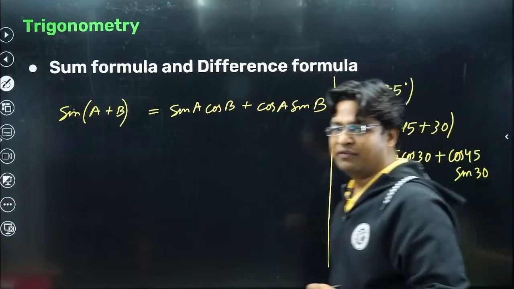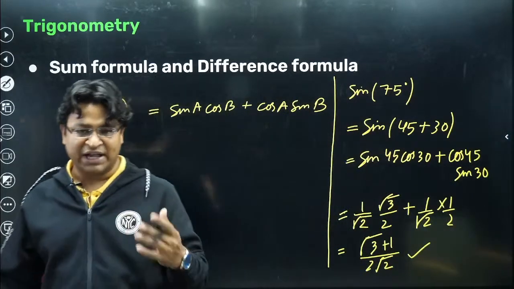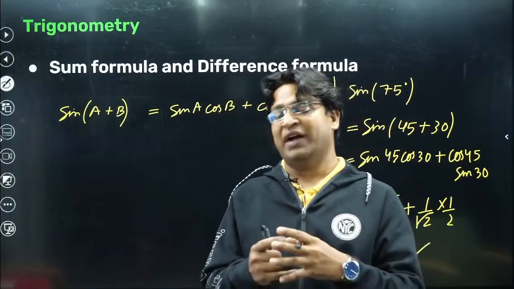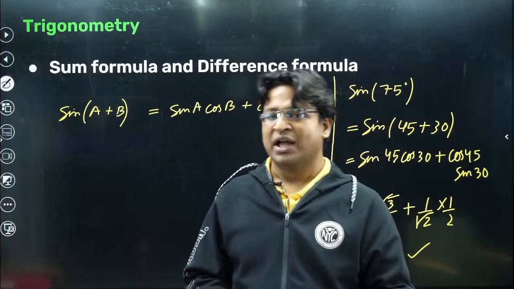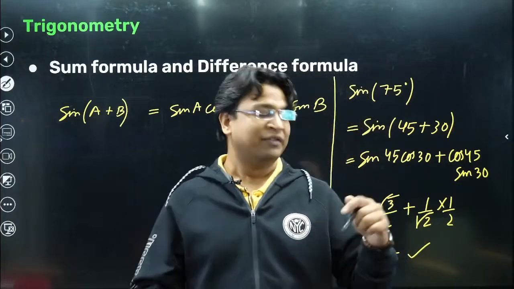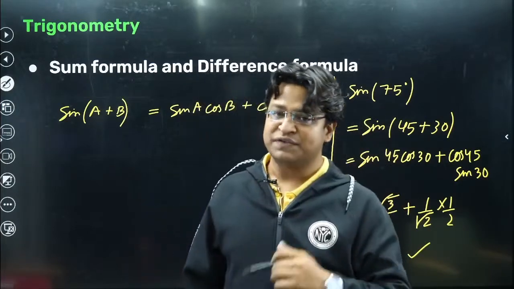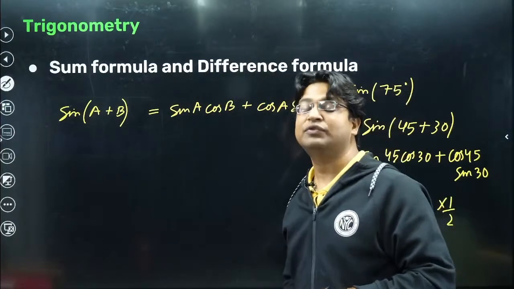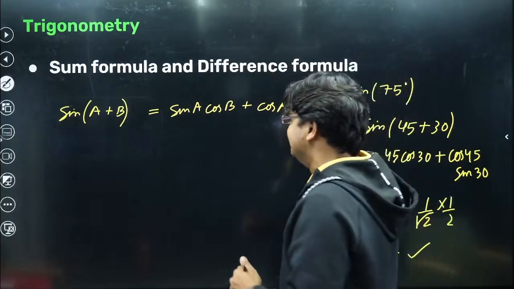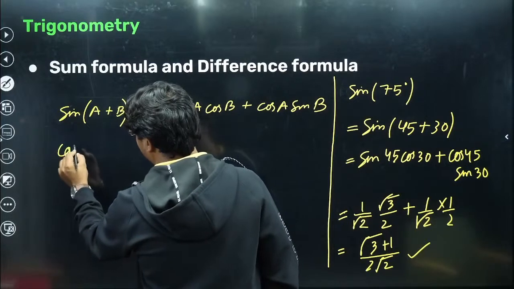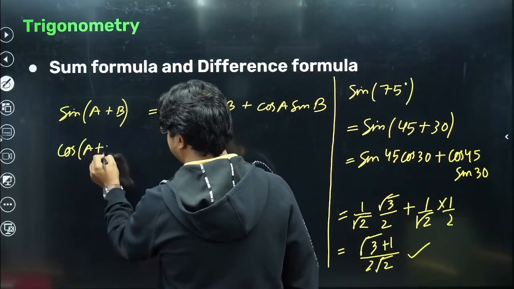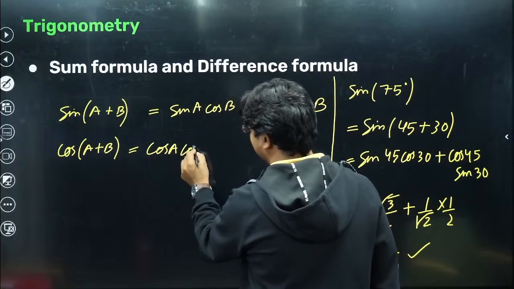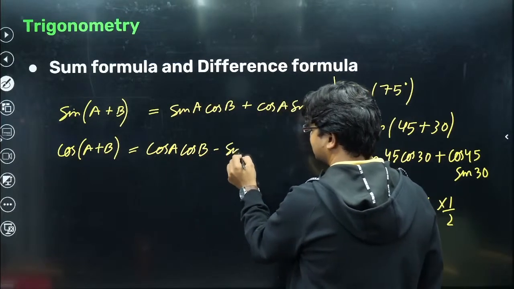So like this, we can find out the sine, cos and tan of some more angles. Like we have learnt values for certain common angles, and using those values, we can then discover the values of sine, cos and tan for some more angles which are the combination of those standard values. Likewise we have a formula for cos A plus B. This formula is cos A cos B minus sine A sine B, so this is minus.